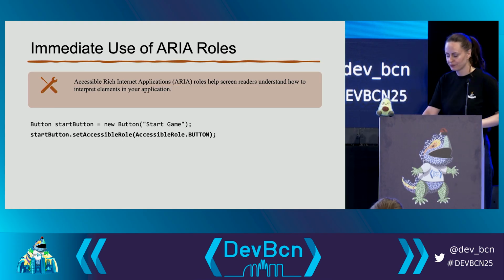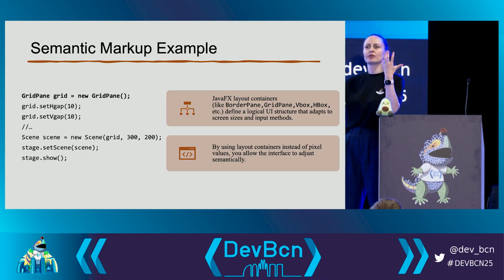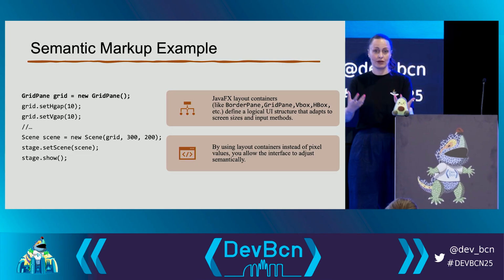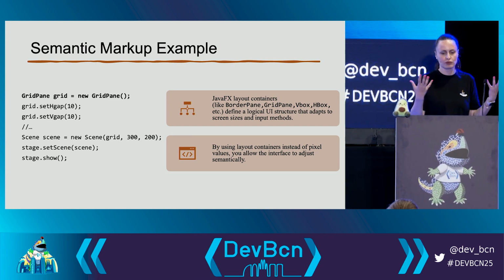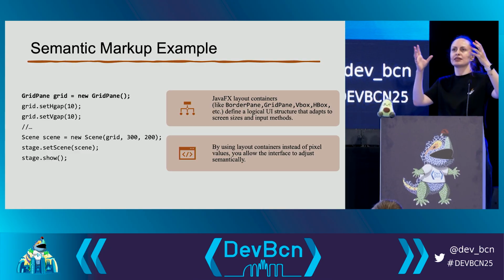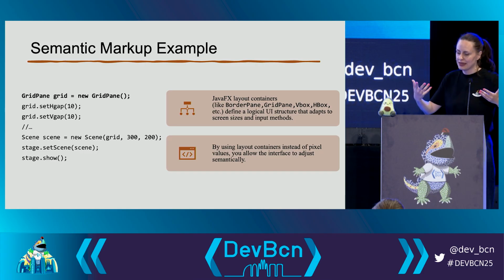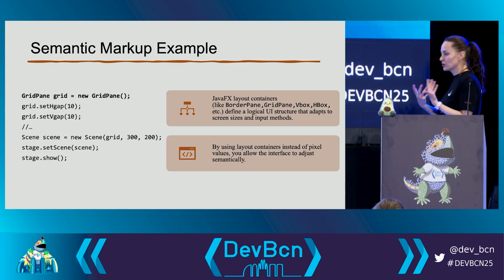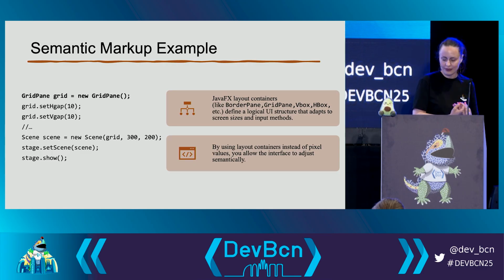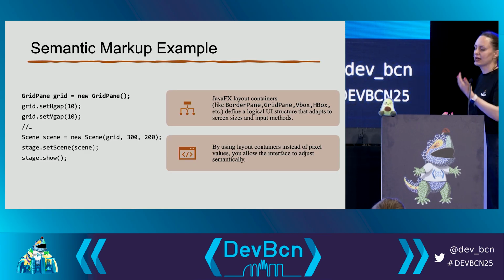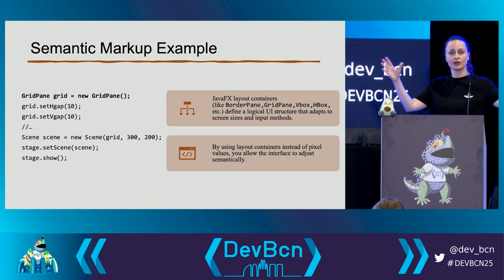You start with the role. Now, you also need to give information about the structure and the meaning of the content. If you are a person that doesn't have any visual impairment, that works. You don't need to guess that something is a table or that there's a structure of a web page. You can see perfectly, right? But for people that have visual impairments, you need to give more information about that. In web development, we use semantic HTML to inform assistive technologies about the structure and the meaning of the content.